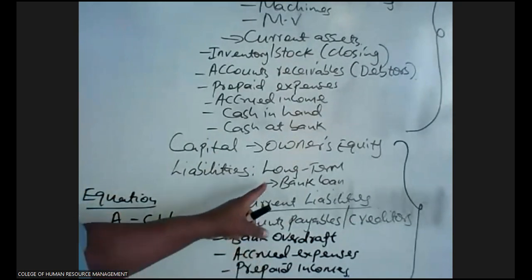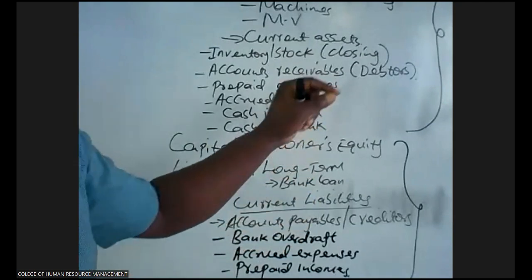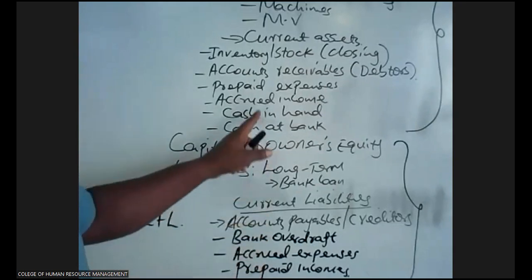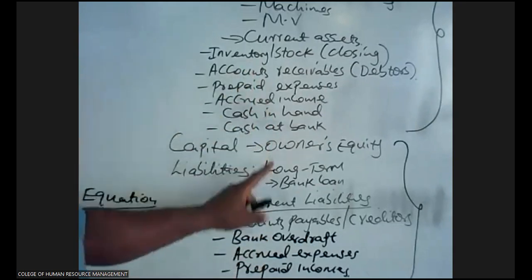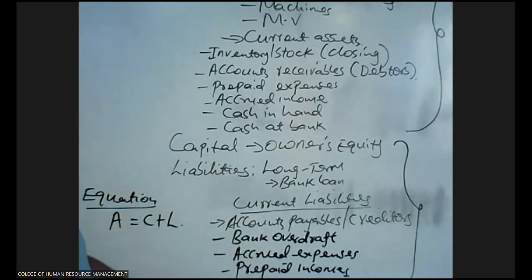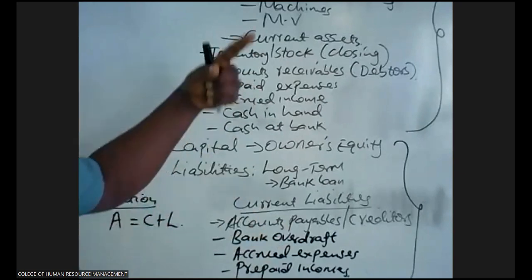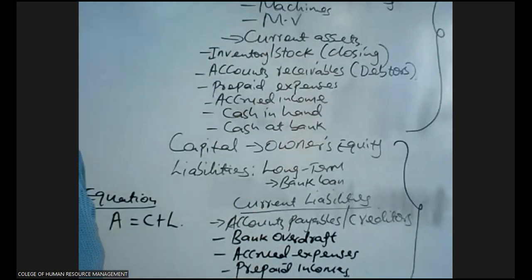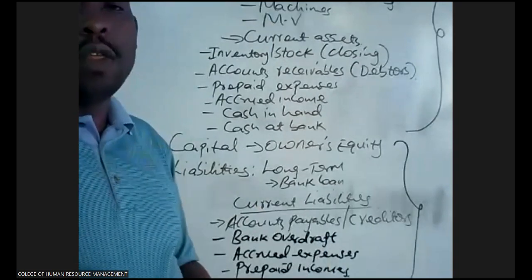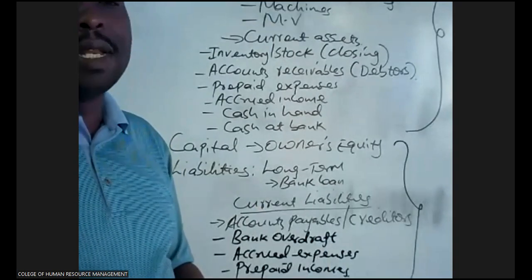We can take a loan and go buy the motor vehicle. We can have inventory that was bought or acquired on credit. So we have accounts receivable or payable, accounts payable or creditors. There's a bank overdraft that was acquired and then maybe used to finance a particular asset. So the value of assets must always be equal to the amount of capital and liabilities.